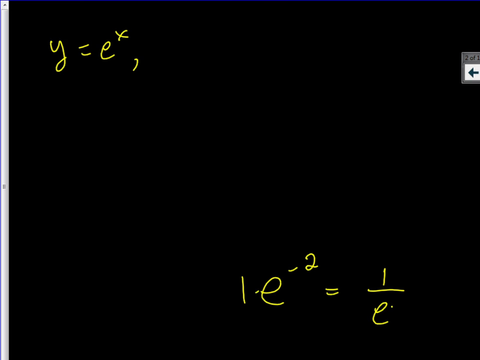That's 1 over e squared. 1 is positive, and e squared is positive, so the result is positive. So we want the area bounded by that curve, by the line y equals 0, the line x equals 0, and the line x equals 5.